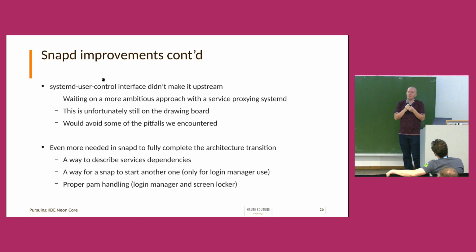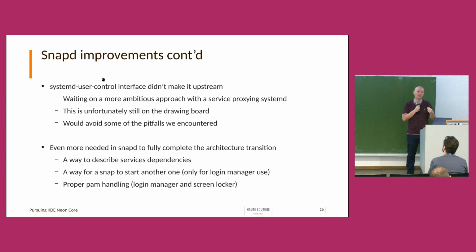The whole point of a snap is that you cannot trigger something else, right? Because then that would be a problem, right? And SDDM is exactly in that situation, right? Or Plasma Login Manager or whatever. So there's a need for some mechanism to do that, and that's something which is still on the drawing board that they didn't implement yet.